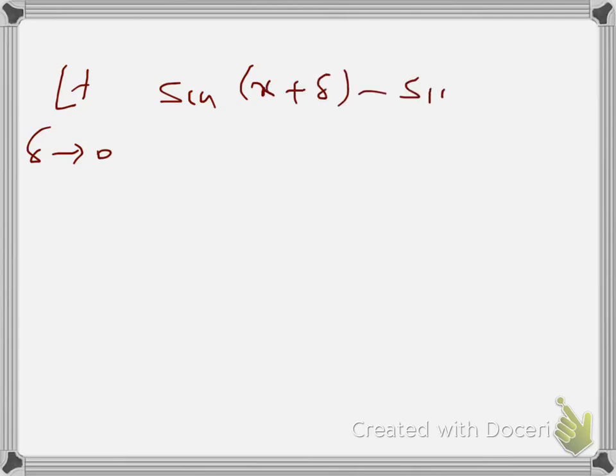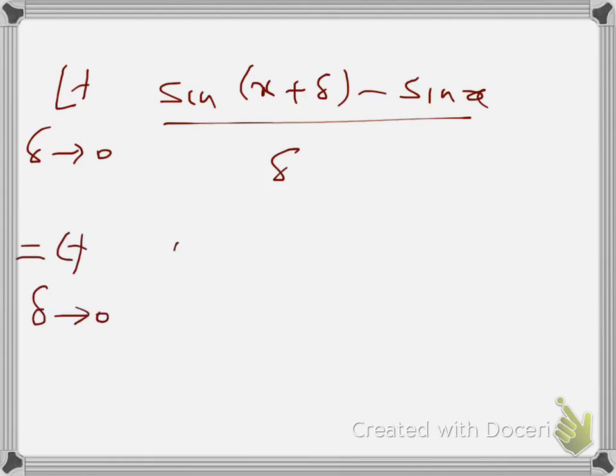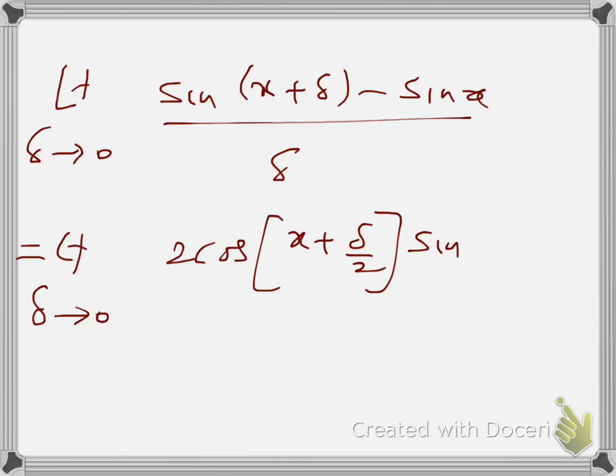So let's calculate this. Limit delta tends to 0, sin of x plus delta minus sin x by delta. And here you need some trigonometric relations. Sin a minus sin b, you will learn later, is 2 cos of (a plus b) by 2 sin of (a minus b) by 2.